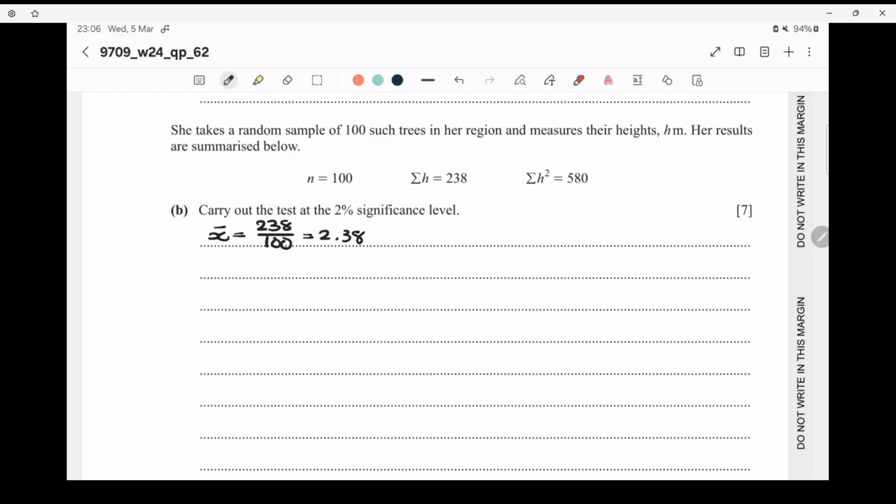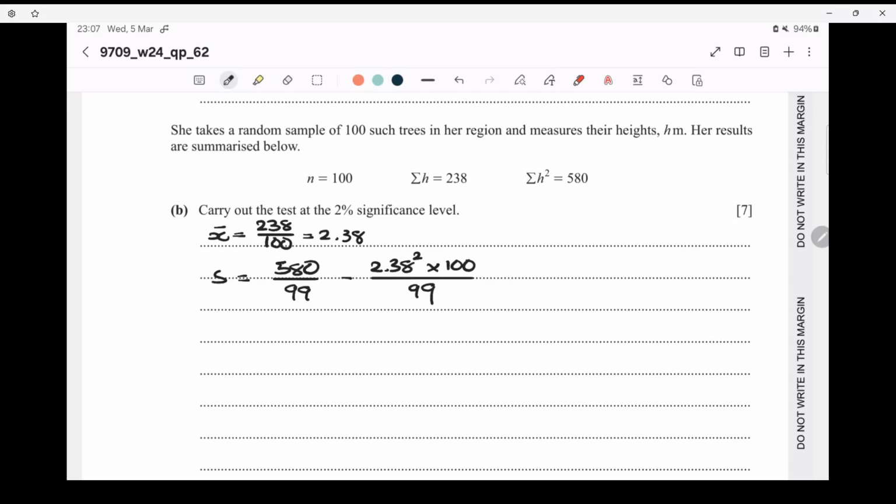Second thing, you need to calculate the estimate for your standard deviation, which is given by your S. So this is 580 divided by n minus 1, which is 99, minus 2.38 squared times 100 divided by 99.